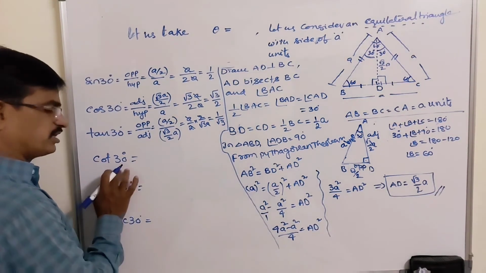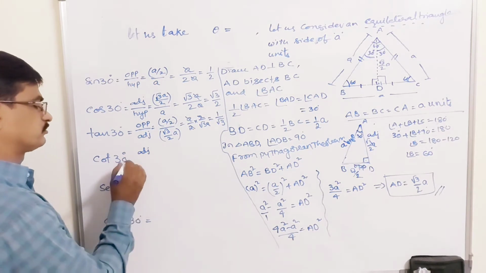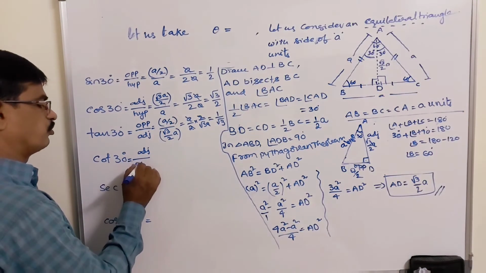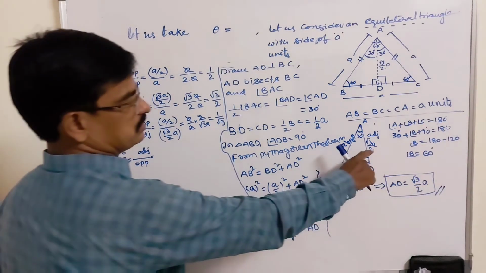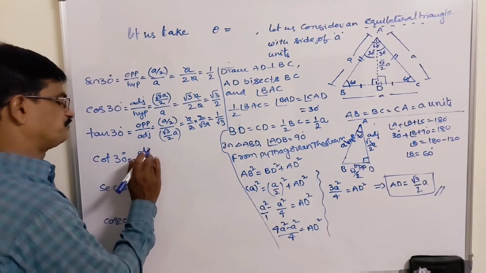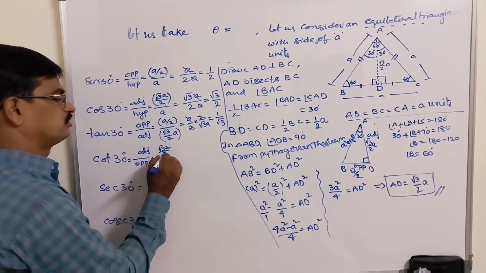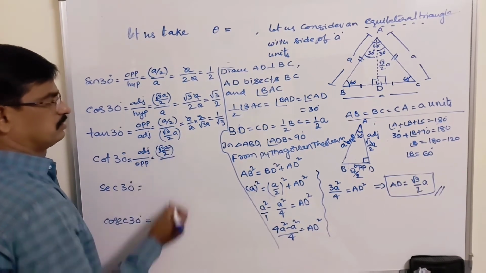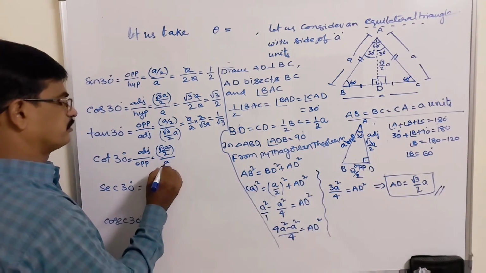Similarly, cot 30 is equal to adjacent side by opposite side. That is, the adjacent side here is root 3a by 2 by opposite side a by 2, right?